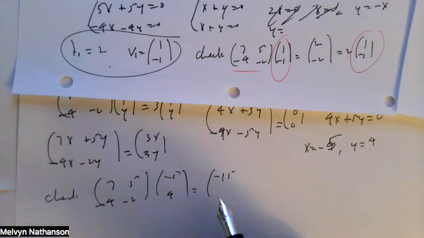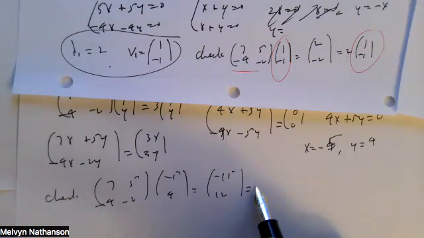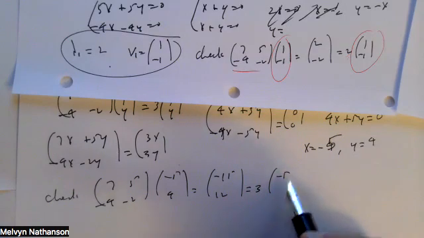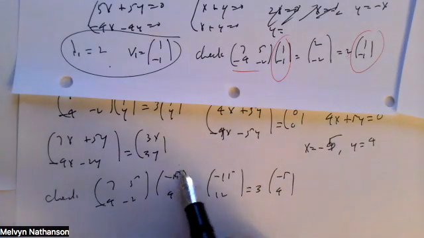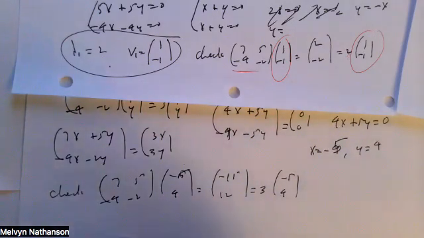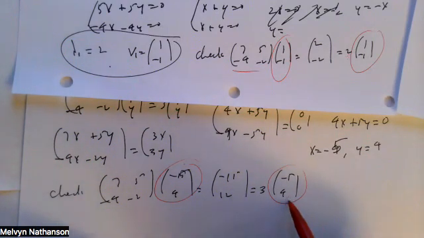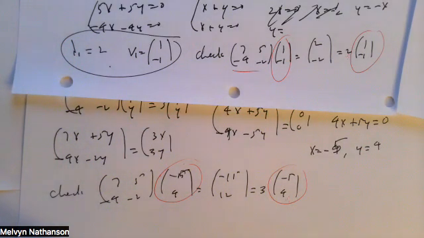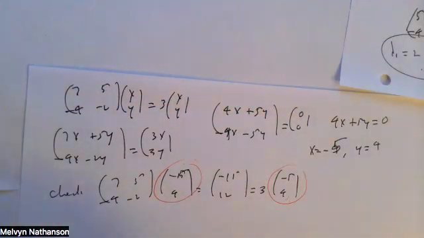This is 20 minus 8, which is 12. This is 3 times minus 5, 4. So the matrix applied to this vector is the number 3 times that vector. So this vector is an eigenvector for the eigenvalue 3. Very nice.